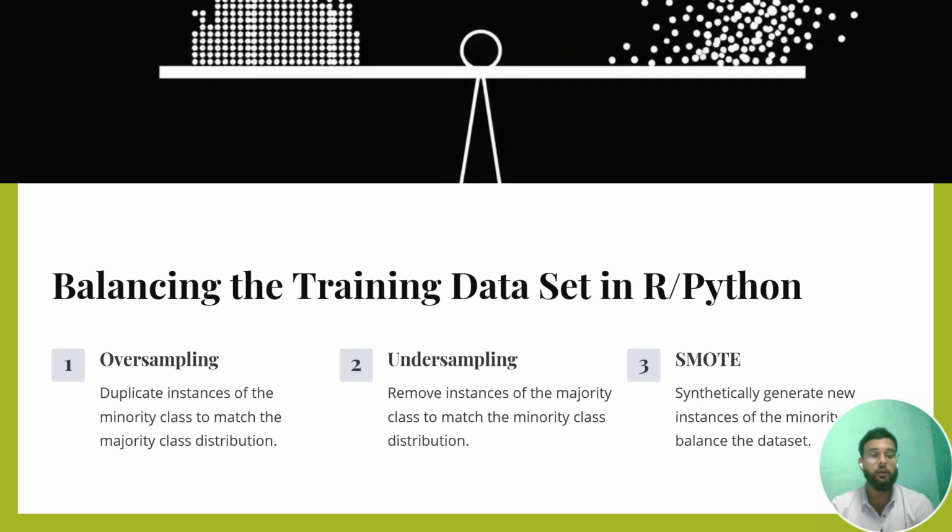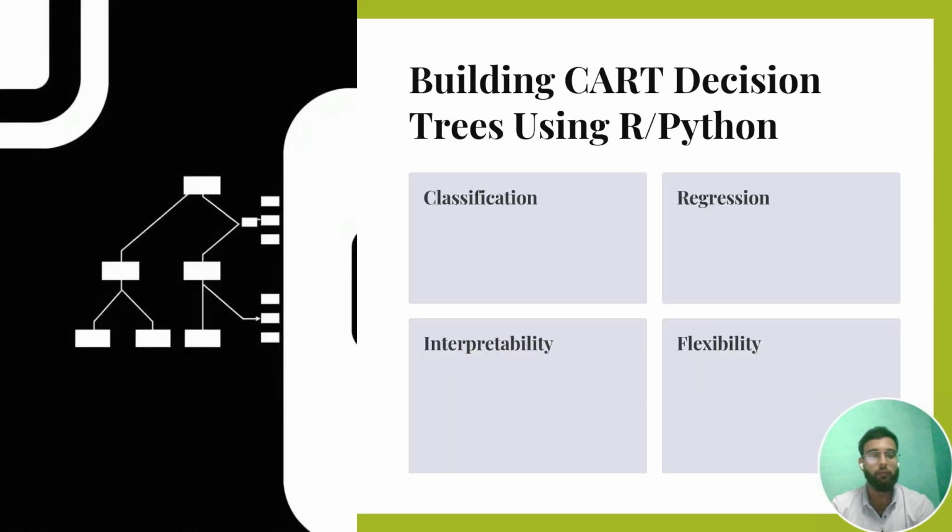In that minority class, we add data and make it similar to the majority class. By doing that, we can make our data more accurate and more user friendly, so users can understand it. So we can use this SMOTE process, which is commonly used nowadays.